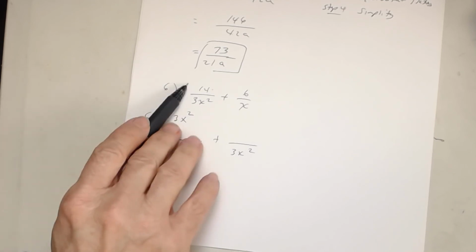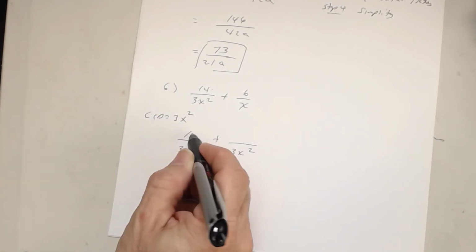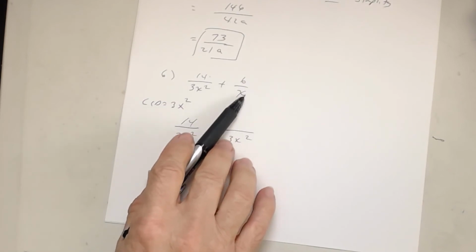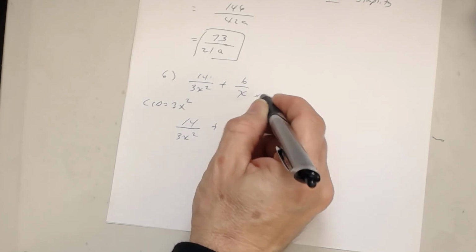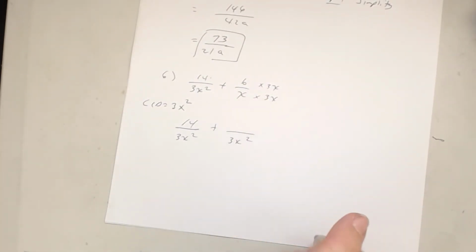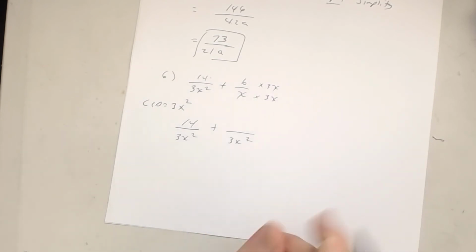So I'm multiplying this by 1, so that means the numerator stays the same. So that's 14. Look at the next one. What do I need to multiply x by to get 3x squared? 3x. So times 3x, times 3x. So 6 times 3x is what? 18x.